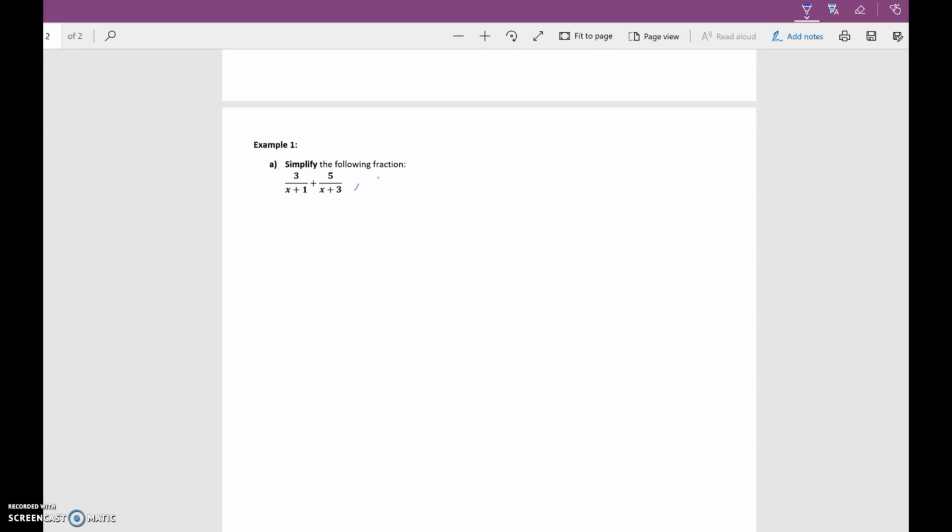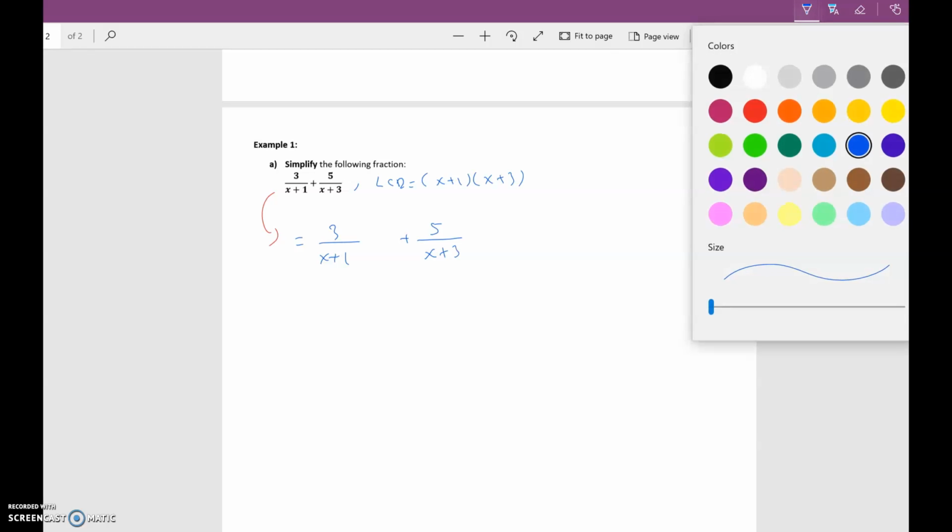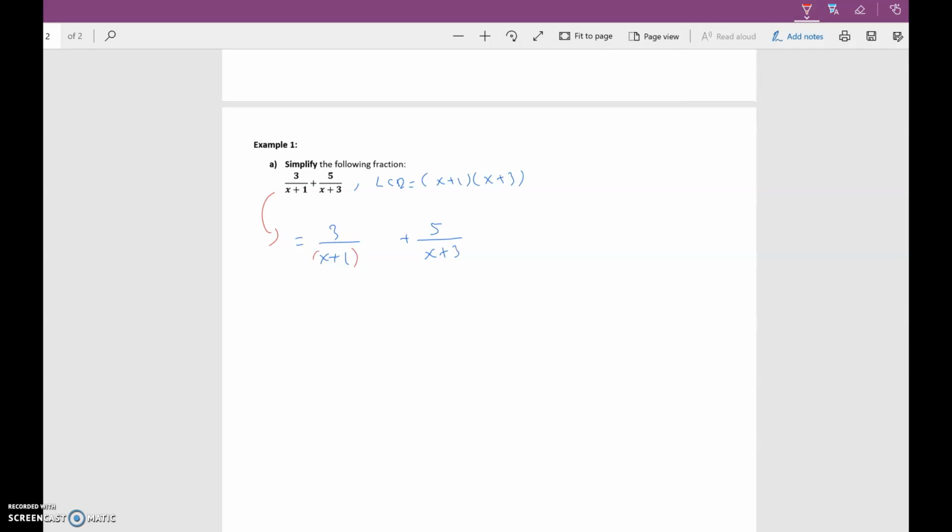So in this case, we would have done the LCD, and your LCD happens to be x plus 1 times x plus 3. And then this fraction, we're going to be rewriting it as 3 over x plus 1 plus 5 over x plus 3. And each of these, what we're going to do is multiply by a factor to obtain the LCD. So the first one is missing the x plus 3.